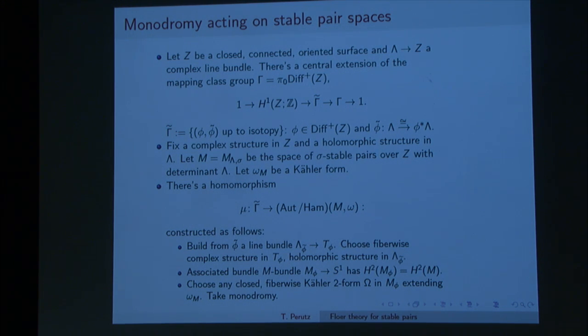You build an associated bundle with fiber the space of stable pairs. You choose a fiber-wise closed and fiber-wise Kähler 2-form in that bundle that extends the given one. It turns out there are various ways to do that, and you take symplectic monodromy. Okay, so that's what determines this homomorphism mu from this extended mapping class group to the symplectic mapping class group of M.